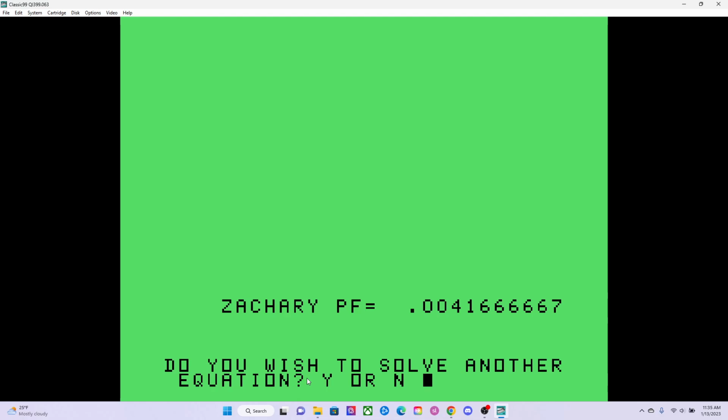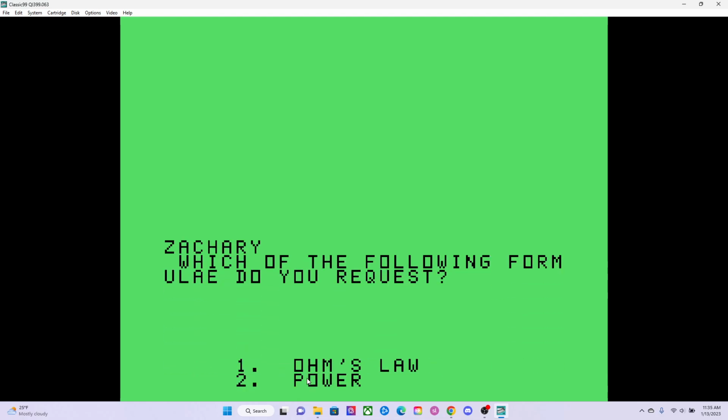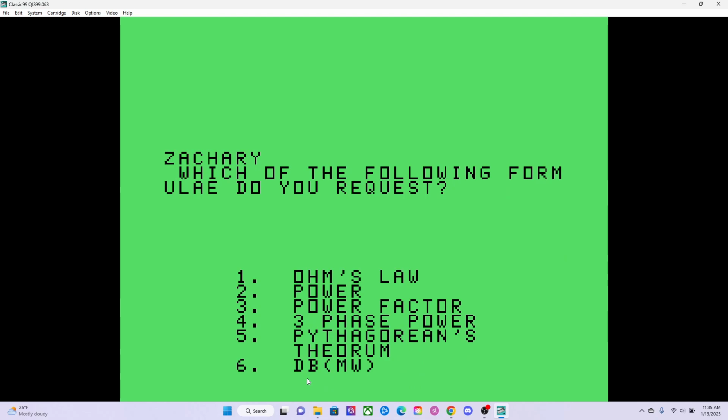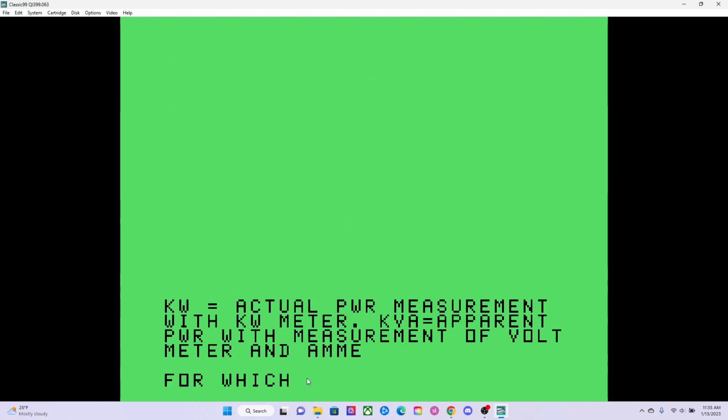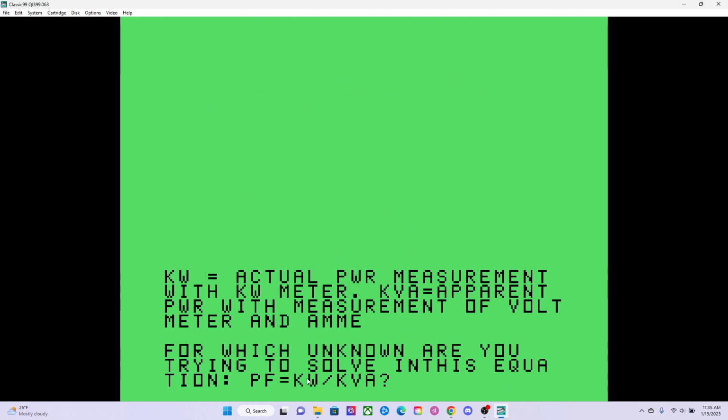Okay, let's try that again. Again, I'm not really sure what realistic values would be here in industry, so maybe put in the comments if you do know how power factor actually works. Okay, so kilowatts equals actual power measurement with a kilowatt meter. kVA, it's got to be kilovolts apparent. Yeah, voltmeter and ammeter.